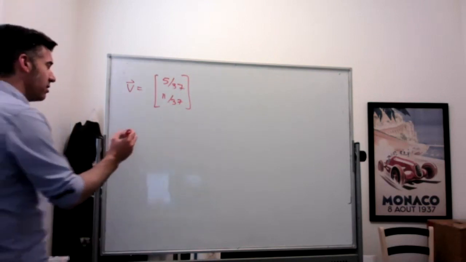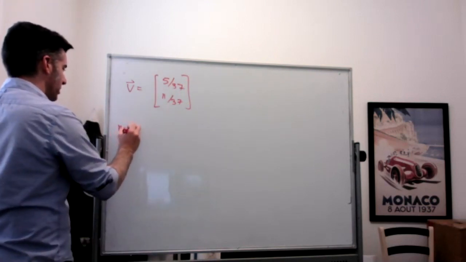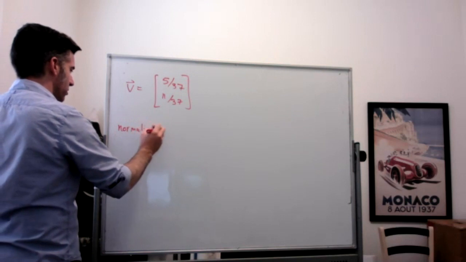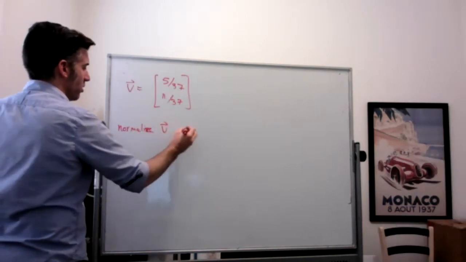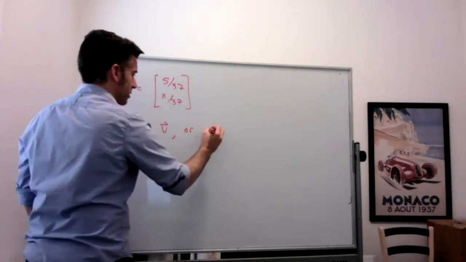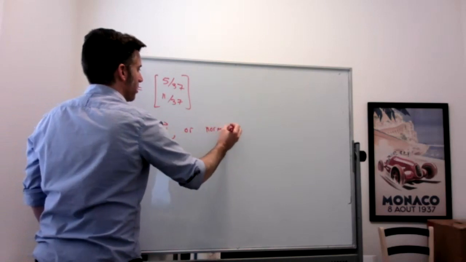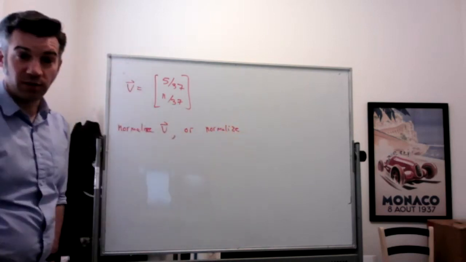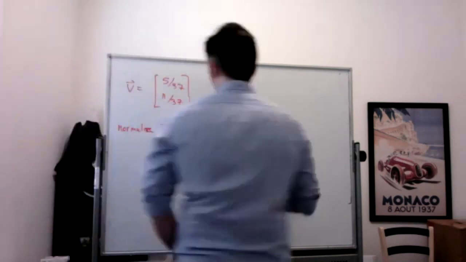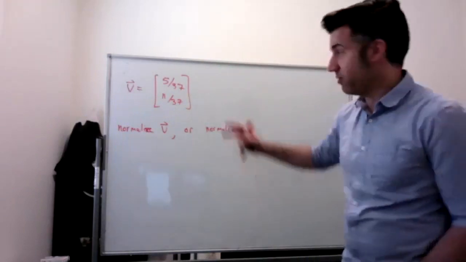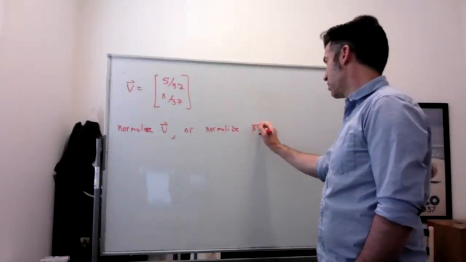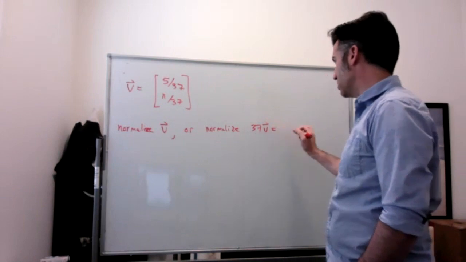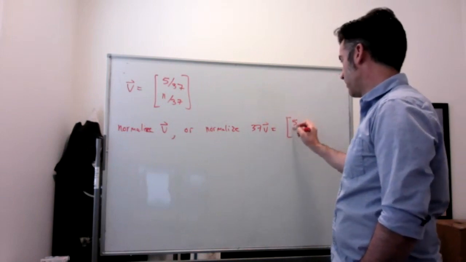Well, instead of normalizing V, we can normalize any multiple of V, specifically 37 times that. If you multiply that by 37, 37V is equal to just the vector 5, 11.